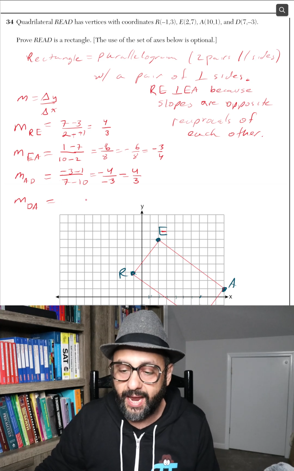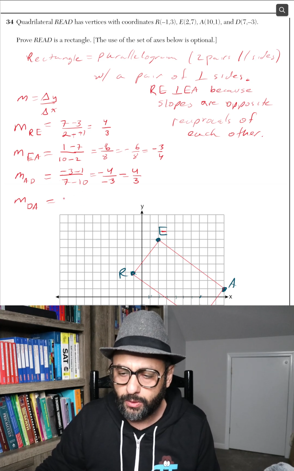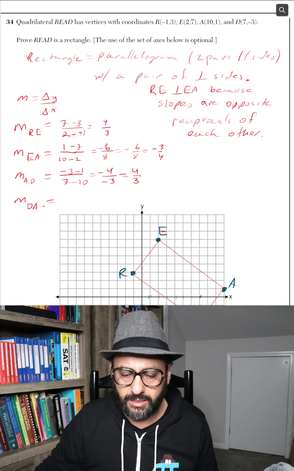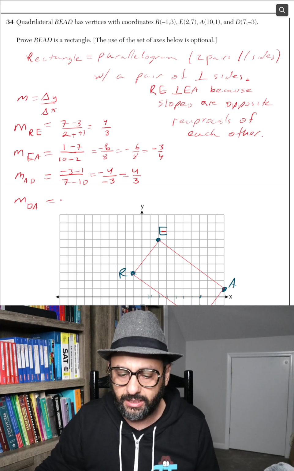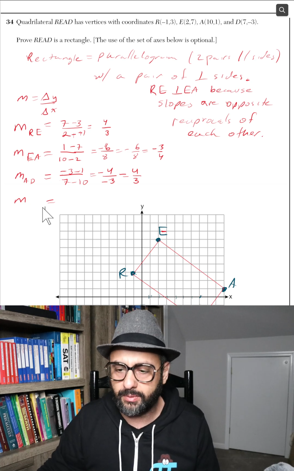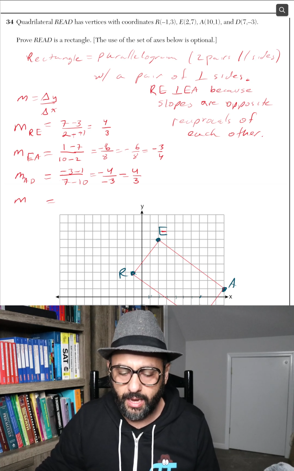Anyway, the slope of dA is equal to, I'm going to do a minus d because I wrote it in order dA, final minus initial. The final is a, the initial is d. So a, let's see. I'm sorry, I did dA. I need to do, dA is AD.